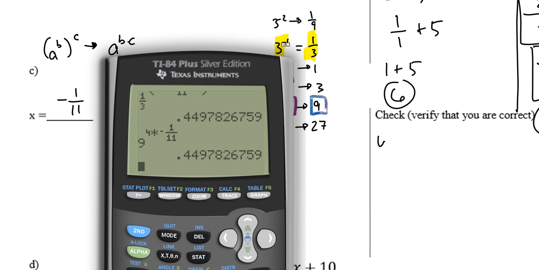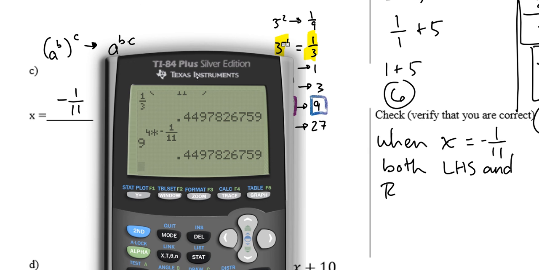I'm just going to say when x is -1/11, both the left hand side and right hand side equal 0.44978, etc.